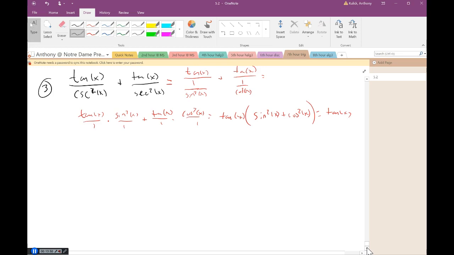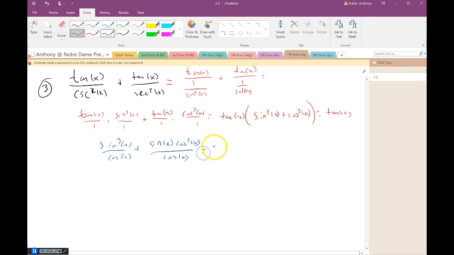You would have eventually gotten just one tangent left, doing the same kind of factoring that I had. Because at this step, you would have ended up with like sine cubed x over cosine x plus cosine cubed x, or I'm sorry, sine cosine squared, all over cosine, right?